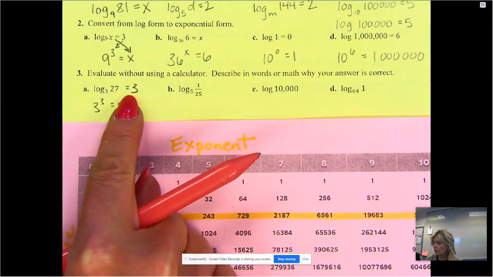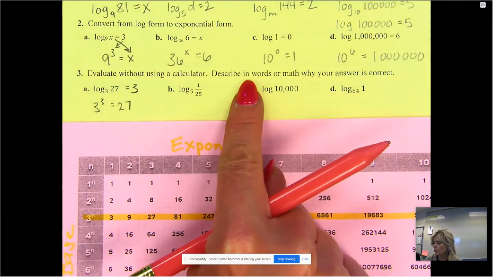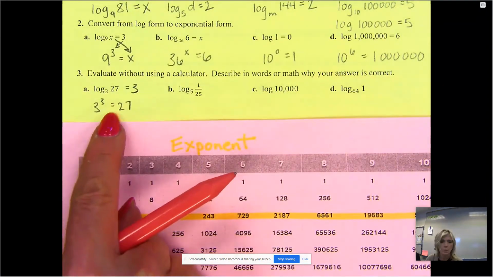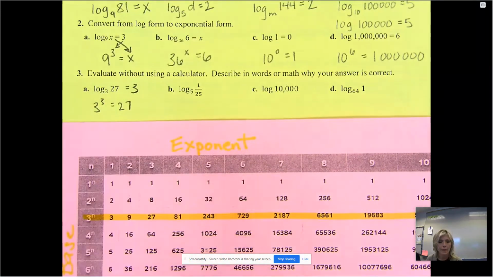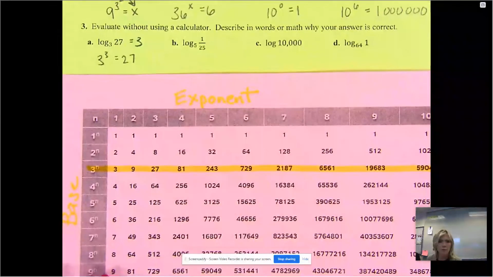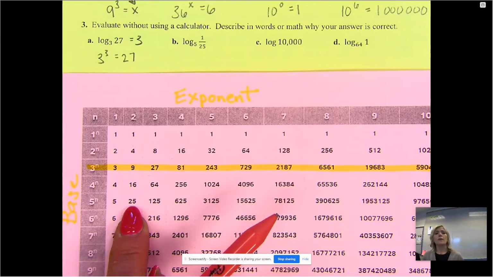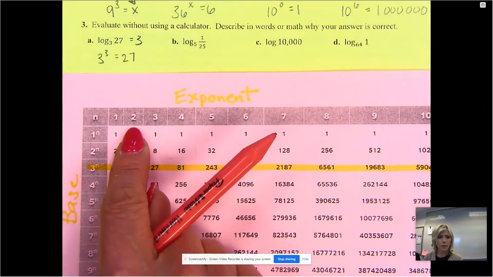So I have the answer, and then describing in words or math why your answer is correct, that's this part. Okay, on B, the base is 5. So here's 5. And I'm looking for just 25, even though it's 1/25th. If I find the 25 here, the answer is 2.